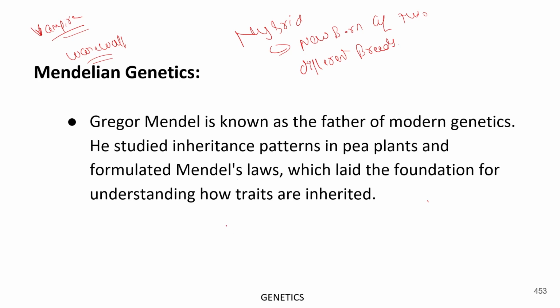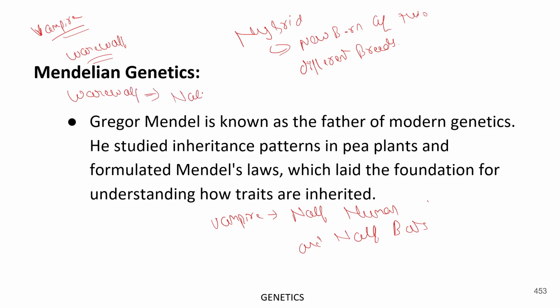Basically, a vampire is half human and half bat. Similarly, a werewolf is half human and half wolf.